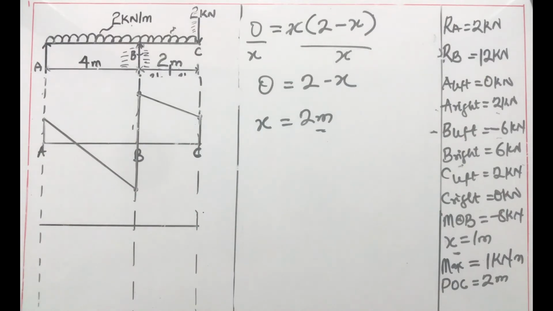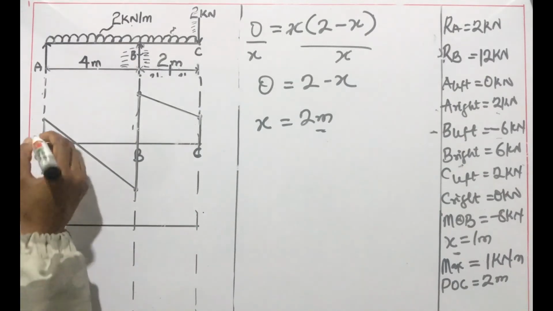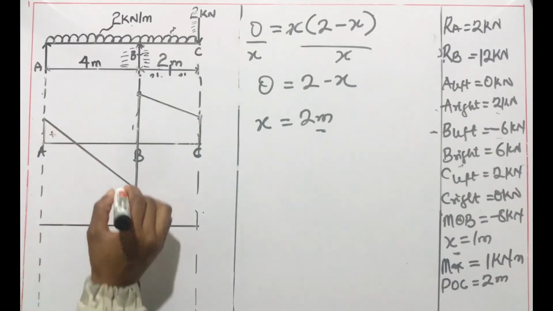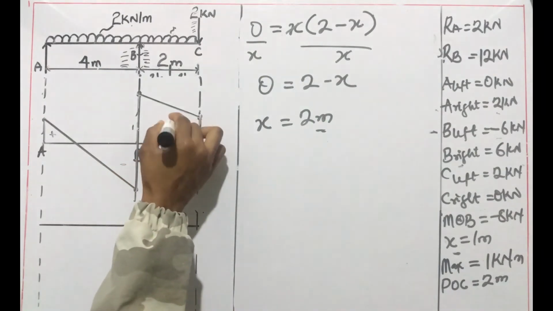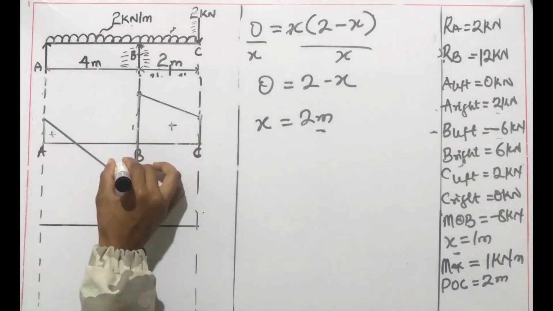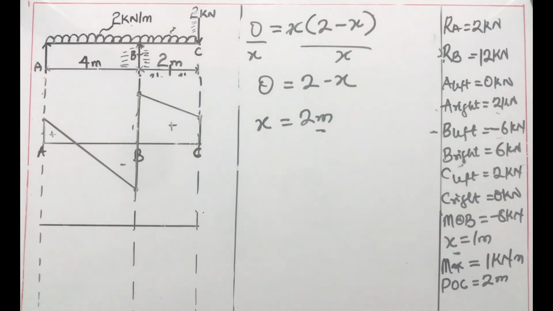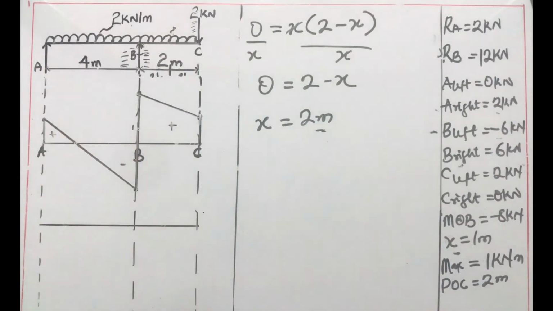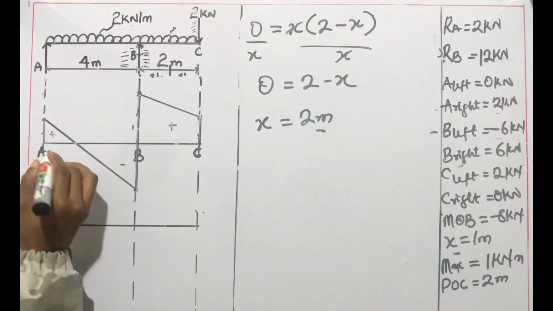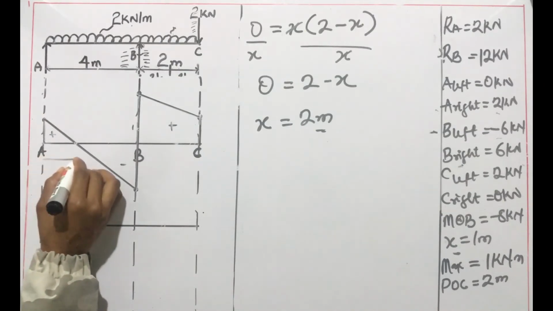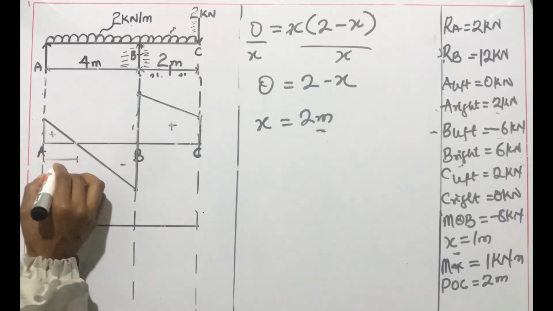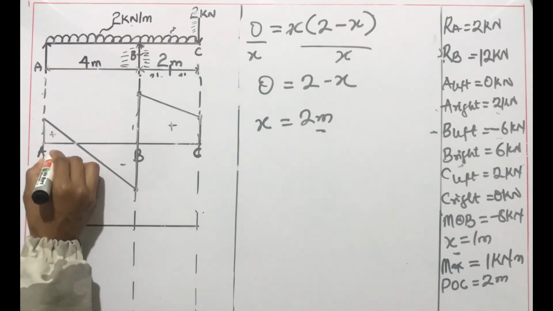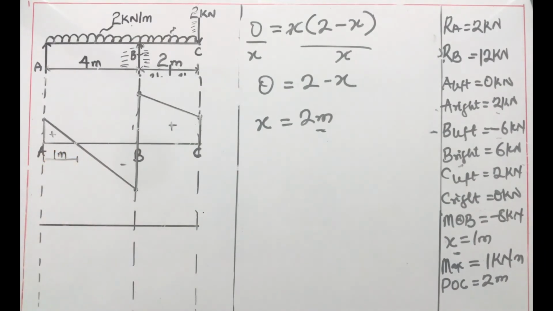And this is what the shear force diagram for this beam looks like. At the point where shear force crosses to the negative is 1 meter. That is where maximum bending moment occurs.